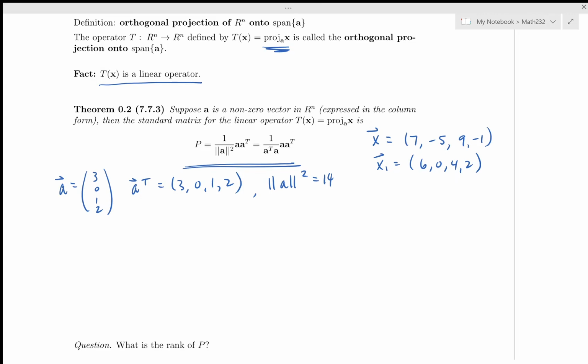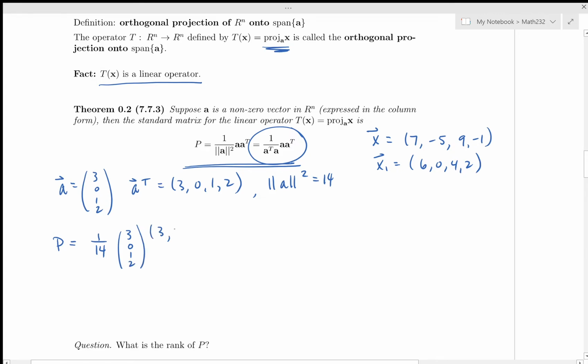Okay, so let's form P according to this. P is going to be 1 over 14, and we multiply 3, 0, 1, 2 by 3, 0, 1, 2.